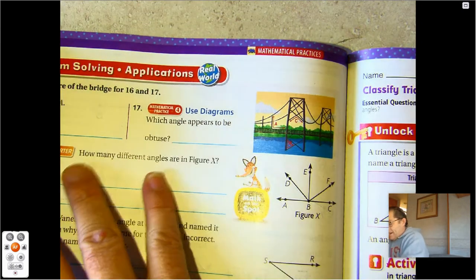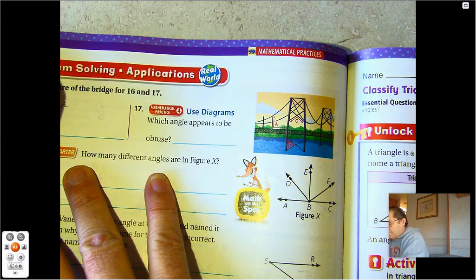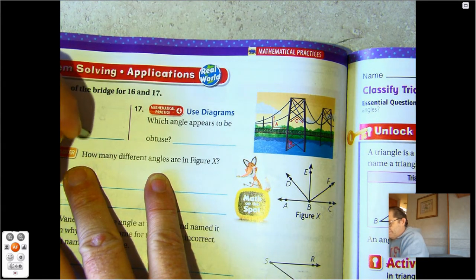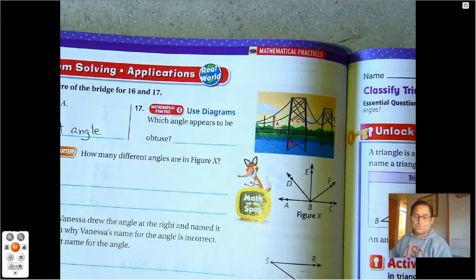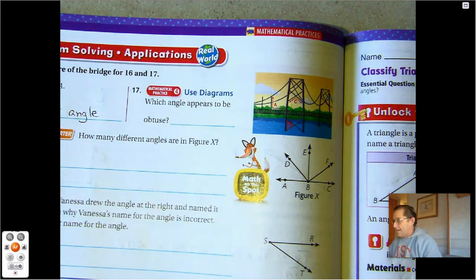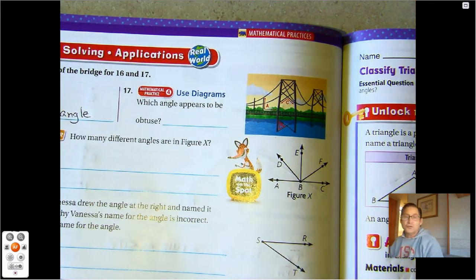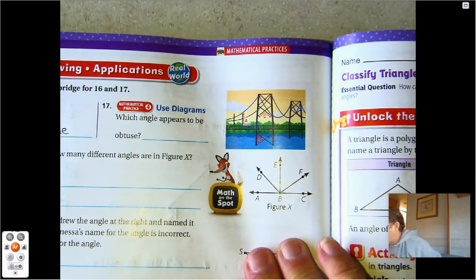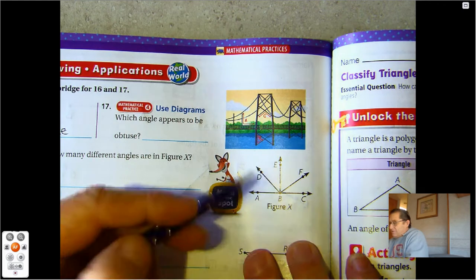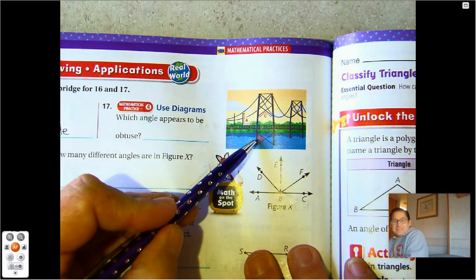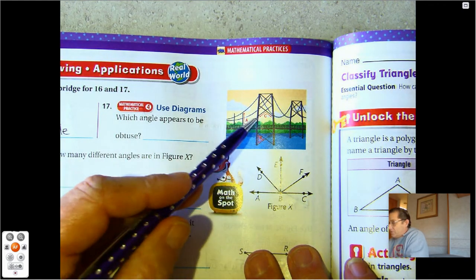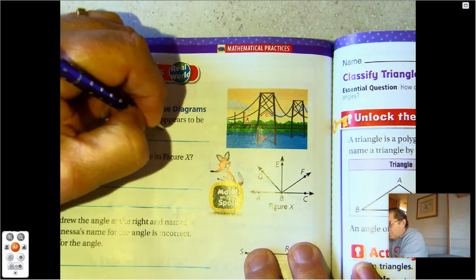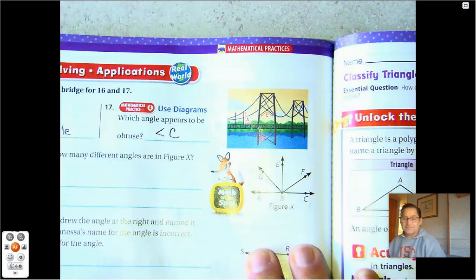So that is a right angle. Which angle appears to be obtuse? So which one appears to be wider than a right angle? Well, you see how close these two lines are? That's an acute angle. So that only leaves me one other choice. So angle C.